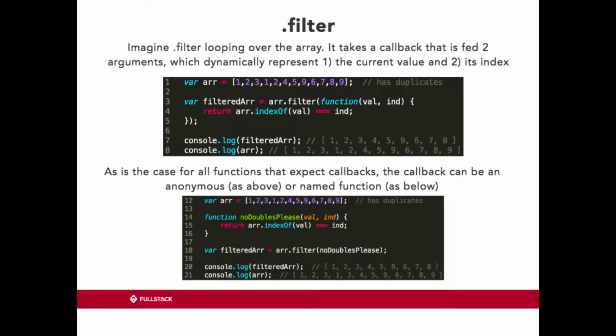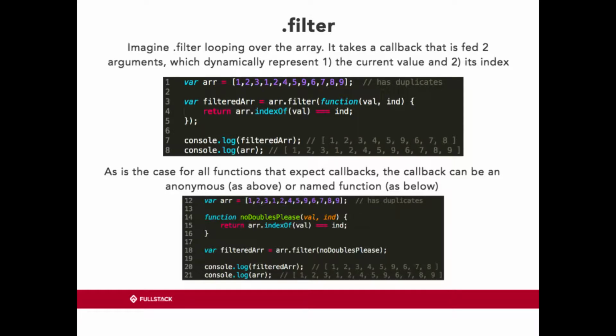But the first thing that filter passes into noDoublesPlease is the value, and the next thing is the index. So when noDoublesPlease gets run on 1, filter says, okay, I'm going to pass you 2 arguments. The first is 1, and the second is 0, because you have a value of 1 and an index of 0. Do what you've got to do, return a Boolean, and you take care of it from there.